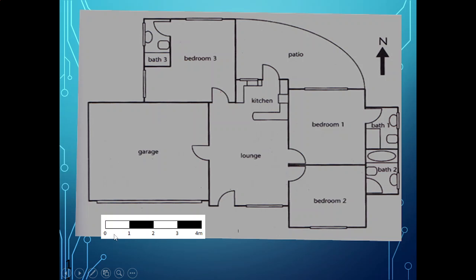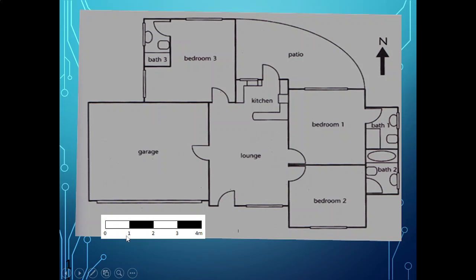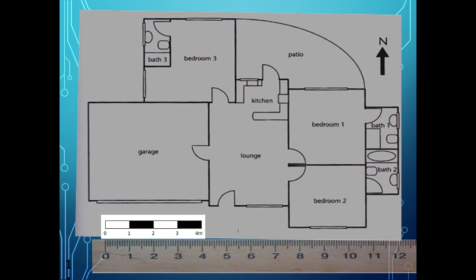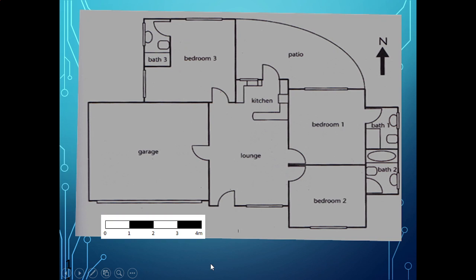So in this case, if you measured 1 centimeter on your ruler, it is equal to 1 meter in real life. So in other words, we are looking at 4 centimeters, which is the same as 4 meters.